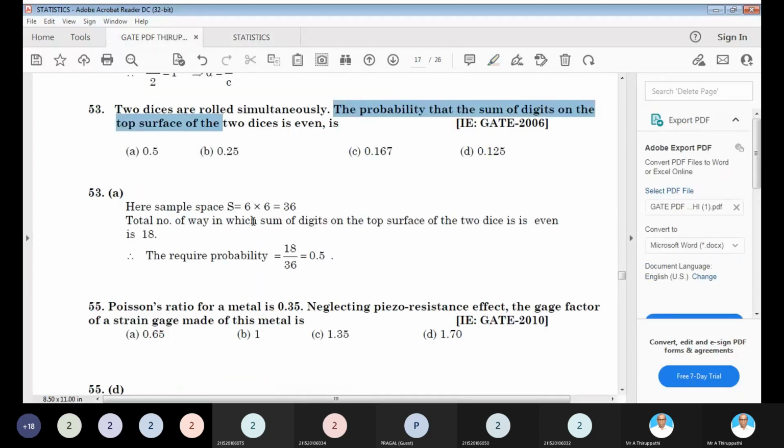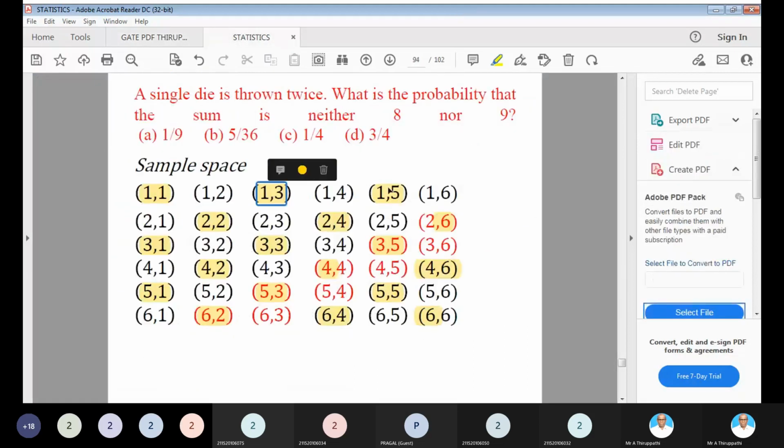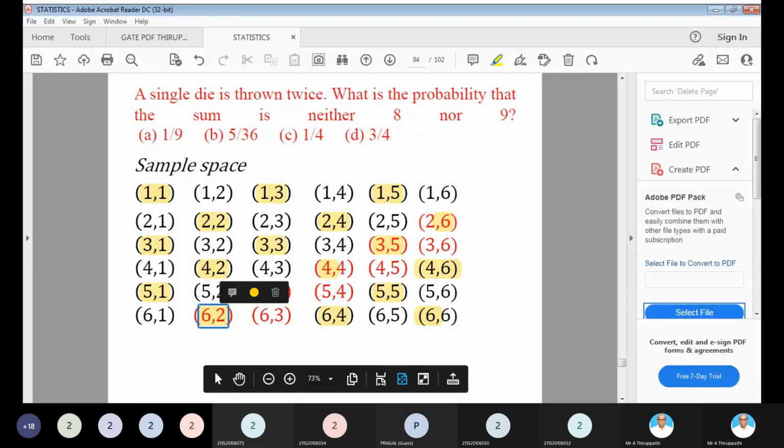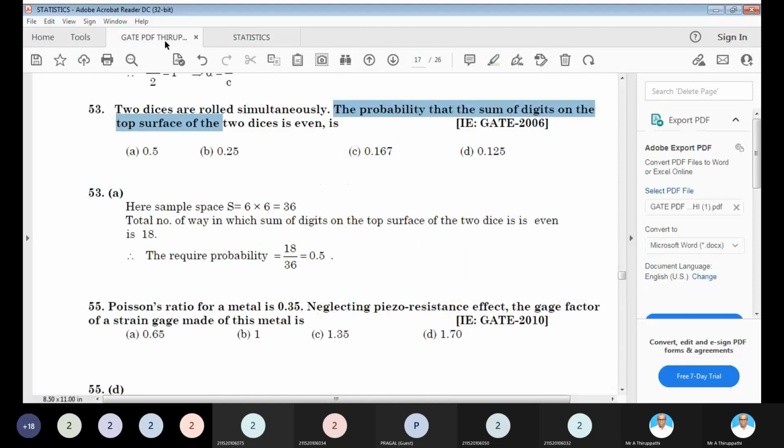Now, the total sample space is 36, and the favourable outcomes with an even sum are 18. So 18 by 36, that is 0.5.